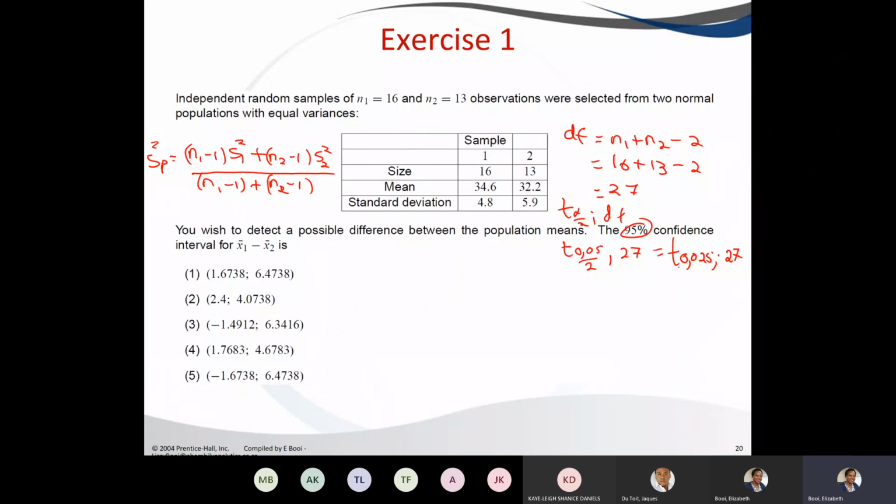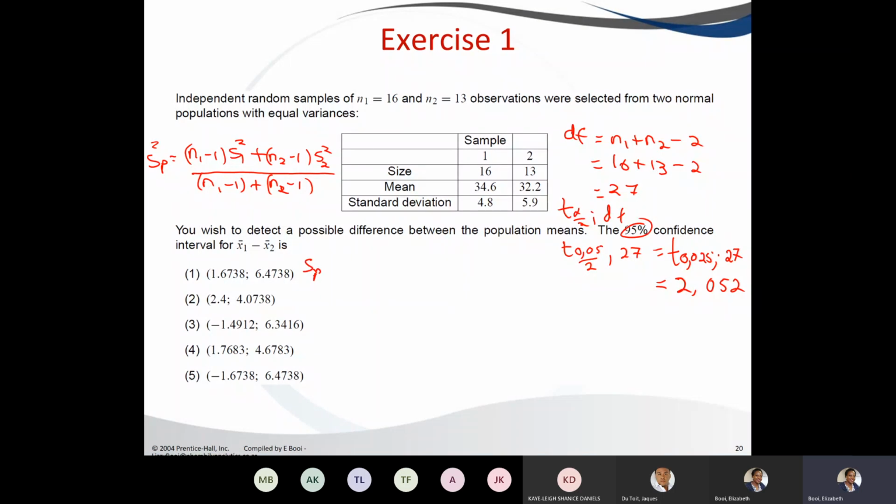If we go back to our presentation, we know that our critical value is 2,052. Now we need to also calculate the pooled variance. I'm going to use this and then I'm going to delete it again. So to calculate this, we need to substitute the values.